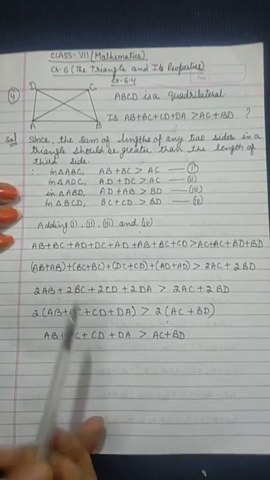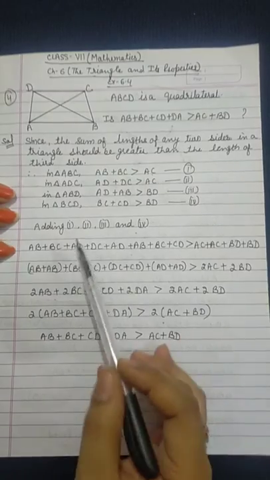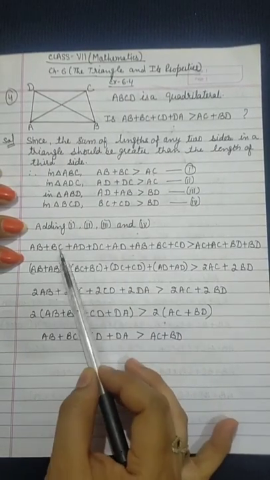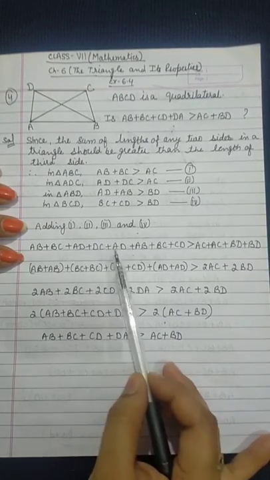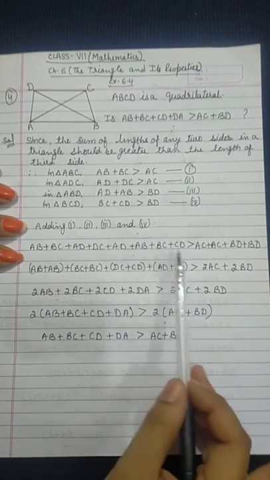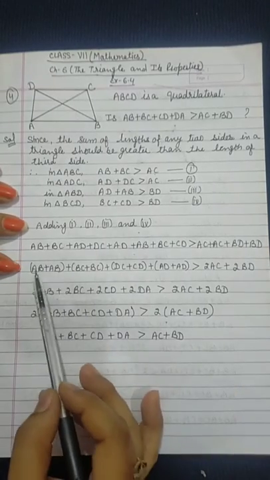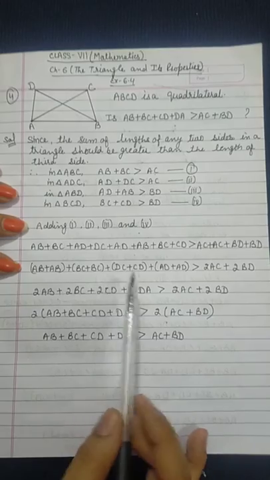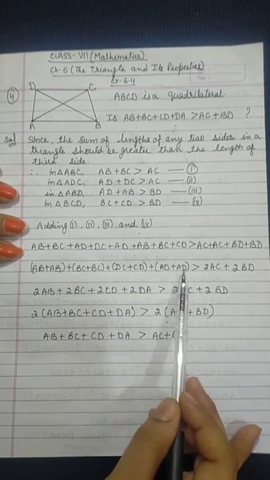Then you will observe that all the sides are coming twice: AB and AB, BC and BC, AD and AD, DC and CD, both are the same, all are twice. So write them in brackets: AB plus AB in one bracket, plus BC plus BC in one bracket, plus DC plus CD in one bracket, plus AD plus AD in one bracket.